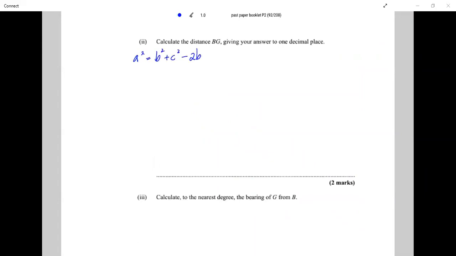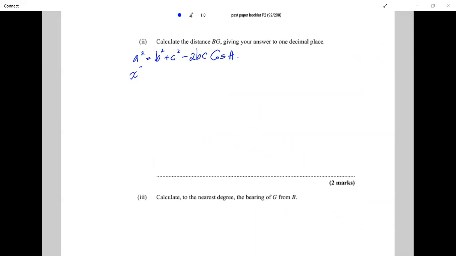So I'm going to apply the cosine rule, so let's write that. Now, in the cosine rule formula, A is the side opposite the inclusive angle. So A is what we want to find.